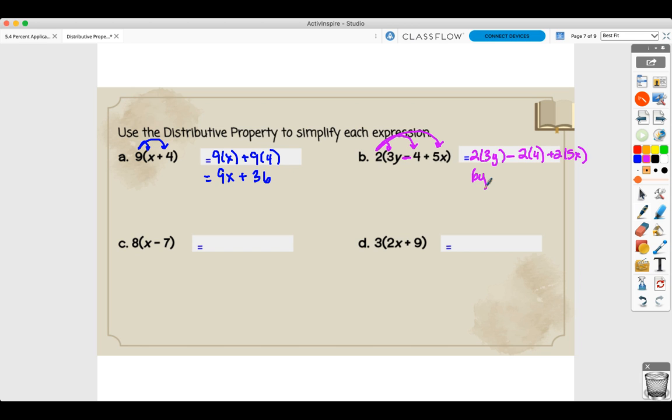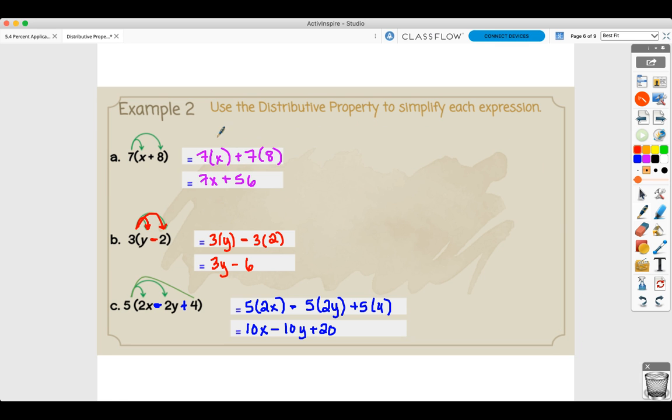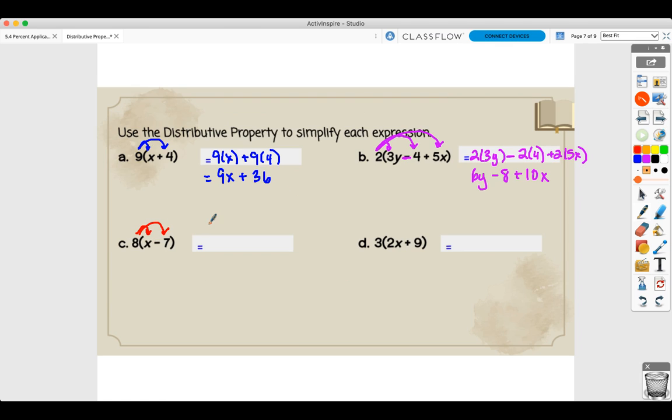So 6y minus 8 plus 10x. Notice how I'm just writing it. You can take them from one of the other slides if you want. You might be able to copy and paste this.